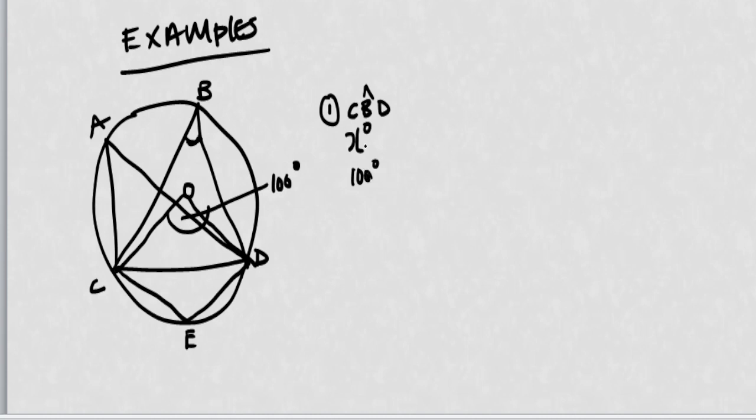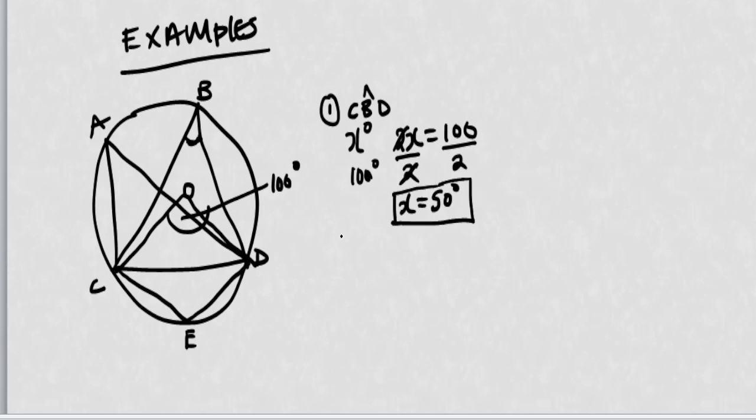So now, twice x should be equal to 100. So 2x equals 100. Then you divide by 2, divide by 2, then x will be equal to 50 degrees. So that is the angle CBD.